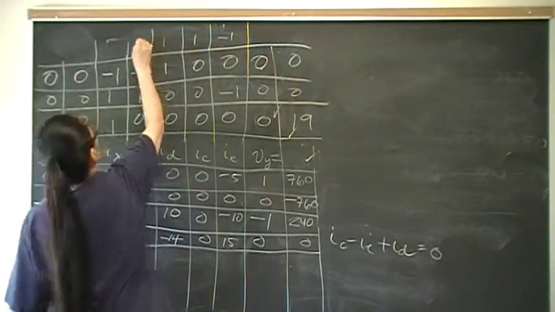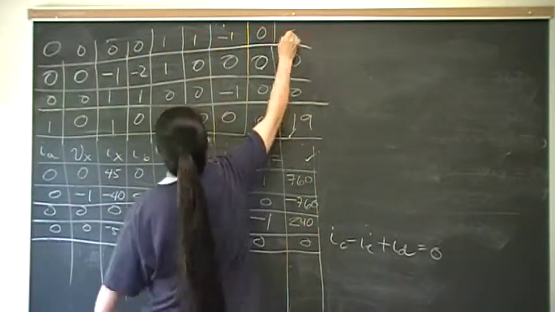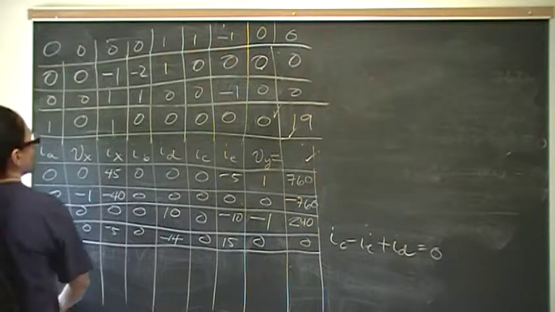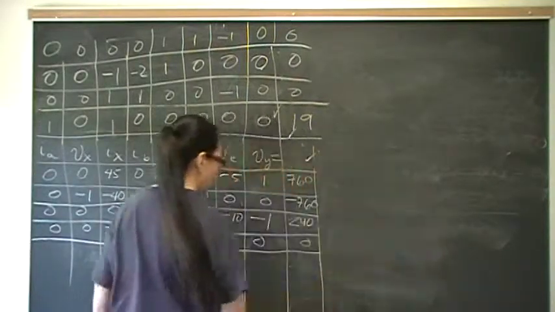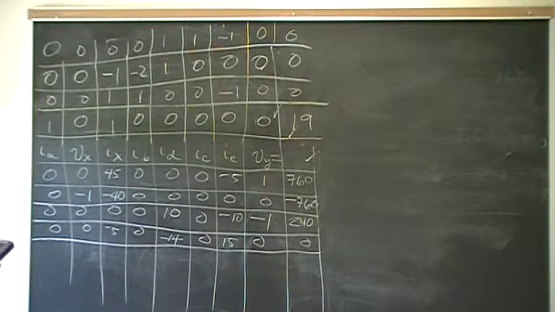We got 0 everywhere else. So that gives me 0, 0, 0, 0, 1, 1, minus 1, 0, 0. That's our 8 by 8 matrix that we need to solve. So go to your simultaneous equation solver.